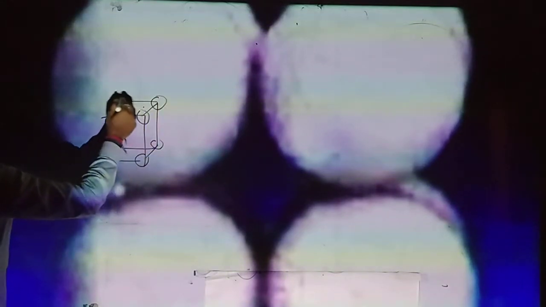That is called a primitive, otherwise a simple cubic lattice. Now this one is BCC again. Colored spheres are on the corners and red in the center of the cube.